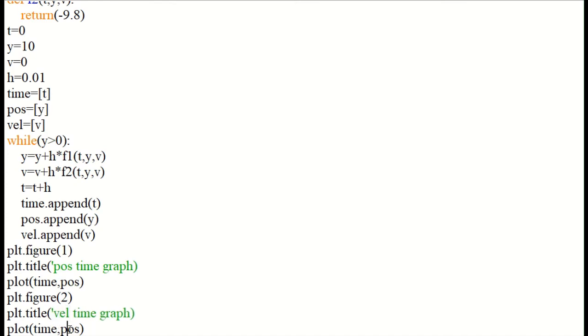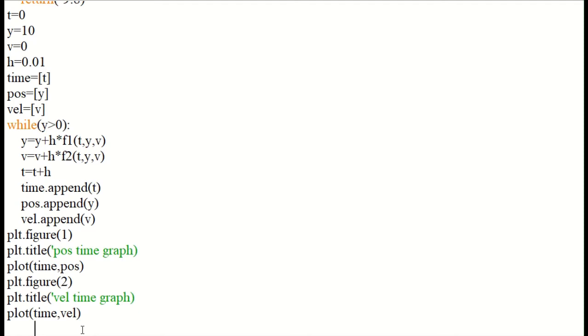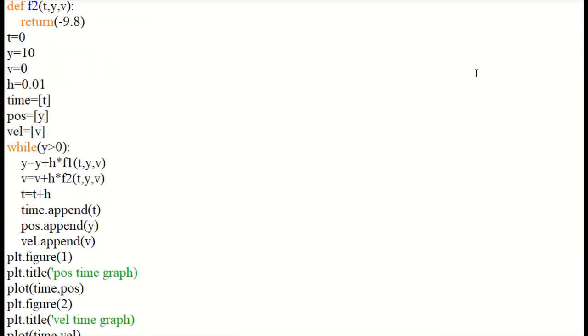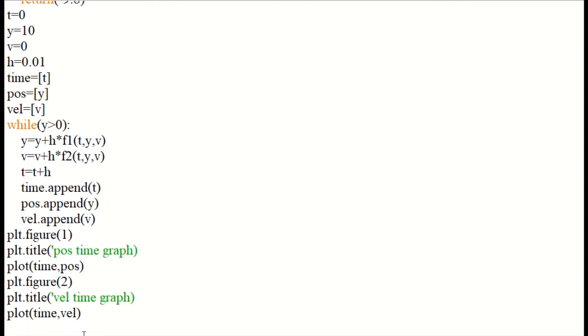So there I have to plot time versus velocity, and both the figures are ready. Now I have to show this, plt dot show.